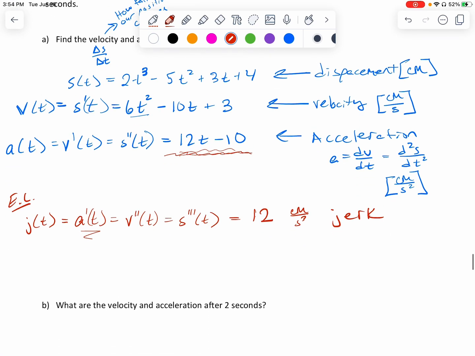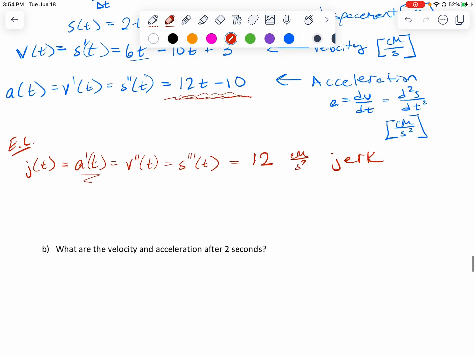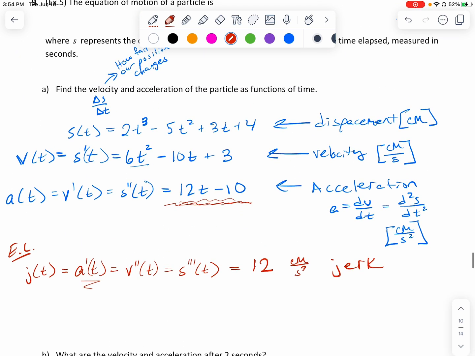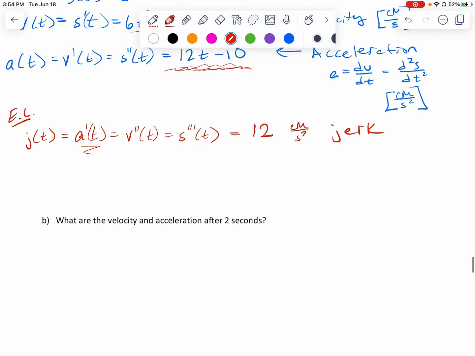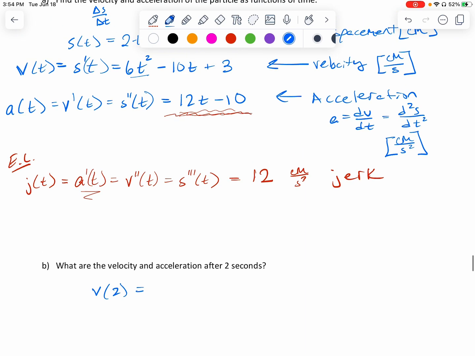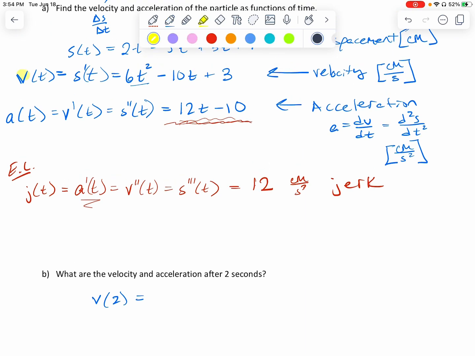All right, let's look at B. What are the velocities and accelerations after 2 seconds? So now I can take the functions I just found and plug in 2 for t and find out what the velocity is and what the acceleration and what the jerk is if I want to. But that was extra credit. So our velocity at 2, we're just going to use that function. And our function that we found for velocity is right here. Plug that in over here.